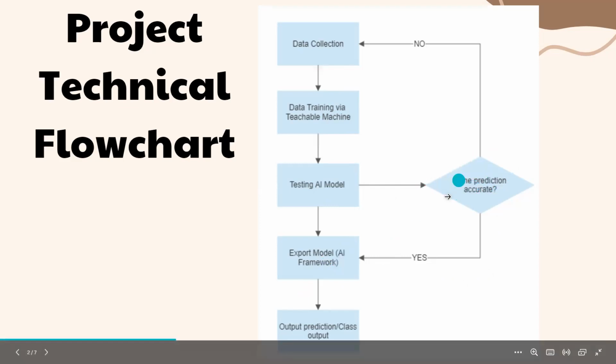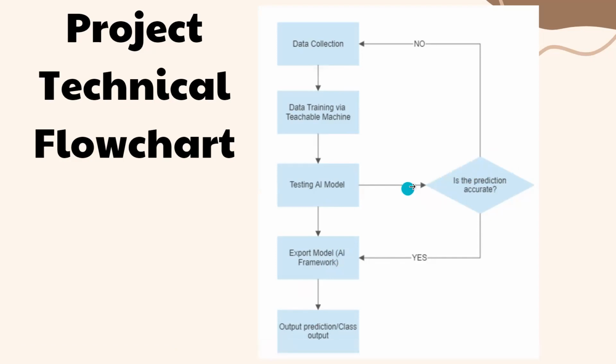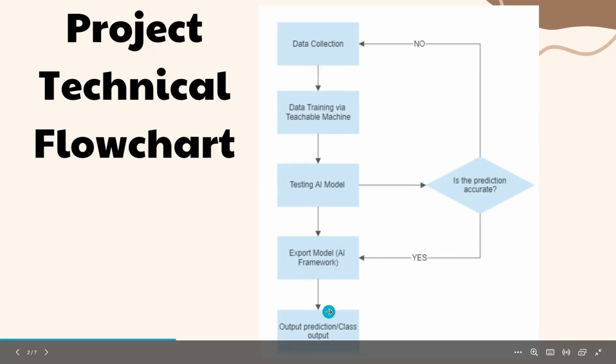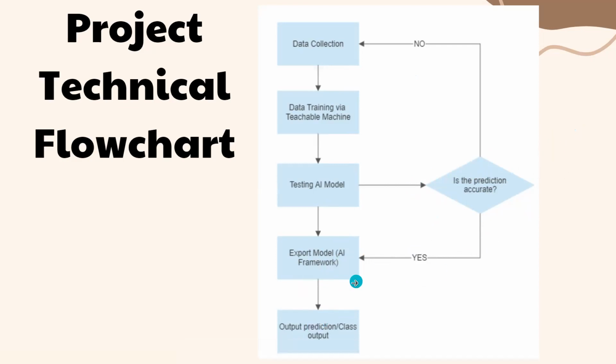If it is not accurate, we will have to retrain and recollect our data. So after we export our model, we will then be putting it into Google Colab, and then we can predict our output or our class, depending on what letter is being projected onto the system.